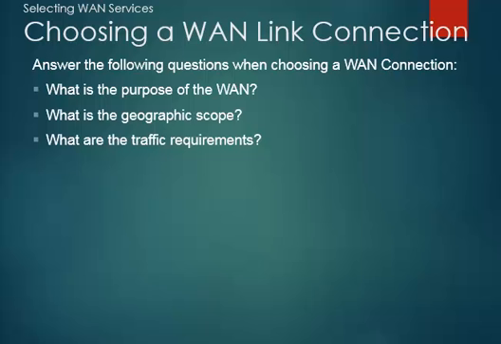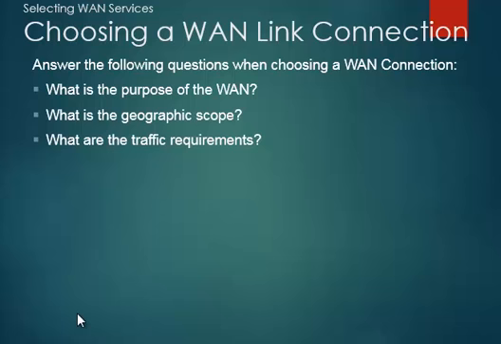The other question is, what are the traffic requirements? Considerations may include: what type of traffic must be supported, what volume of traffic type must be supported for each destination, what quality of service is required, and what are the security requirements.